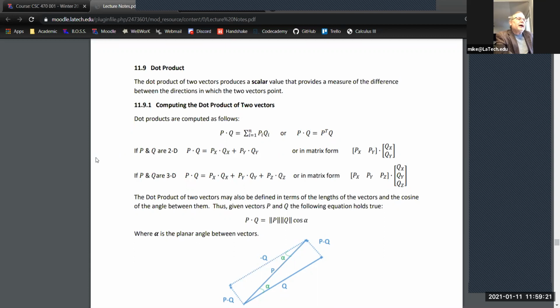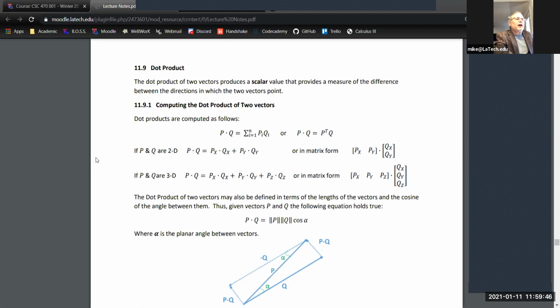If we want to look at how you compute the dot product, essentially, if P and Q are two-dimensional vectors with x and y, the dot product is px times qx plus py times qy.